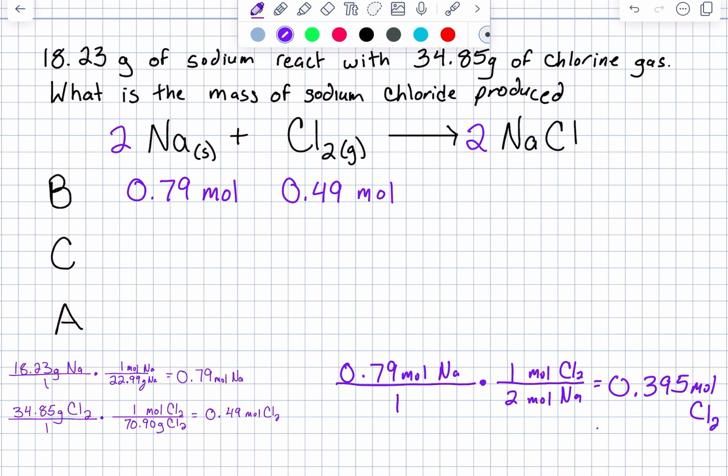And so if we want to round this to 0.40, that's okay. 2 non-zero numbers, and so I'm going to round. Those 2 aren't 0, so 2 non-zero numbers. So since I need 0.40 moles of chlorine and I have 0.49 moles available, that tells me that sodium is in fact my limiting reactant.